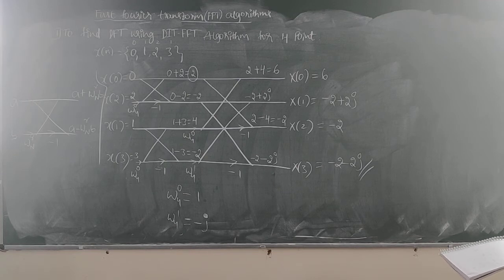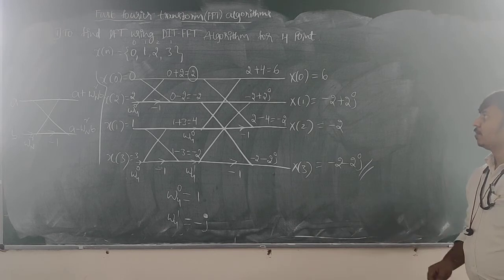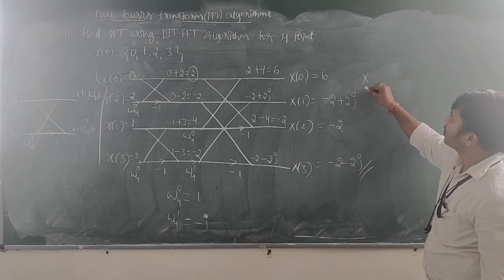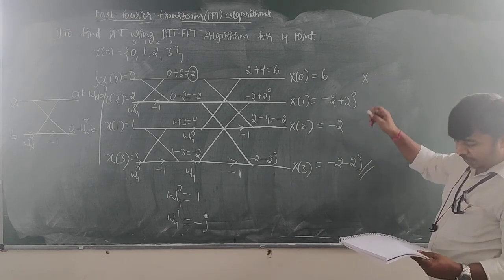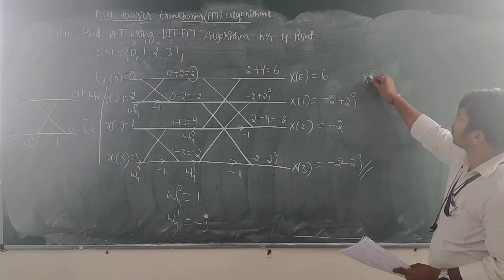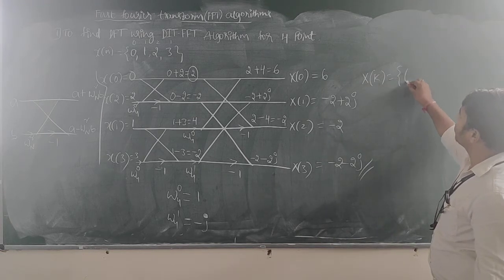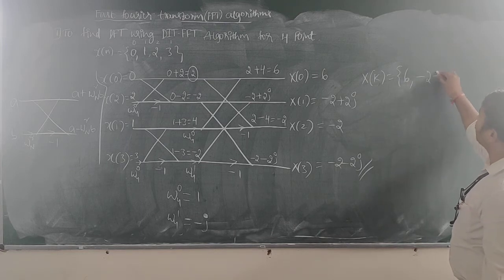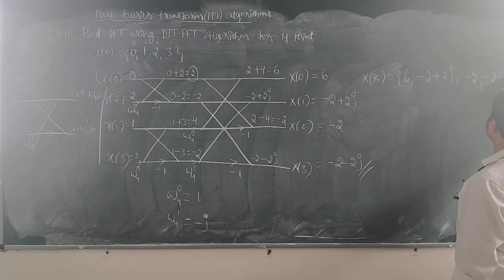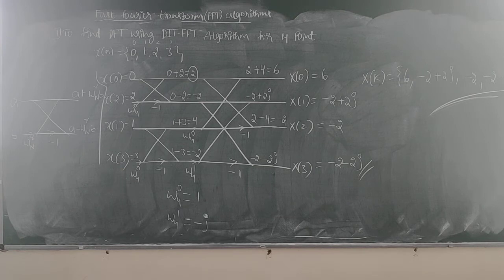So our output sequence is given by x of k equal to 6, minus 2 plus 2j, minus 2, minus 2 minus 2j. This is the 4-point DFT of the given sequence x of n. Understood?